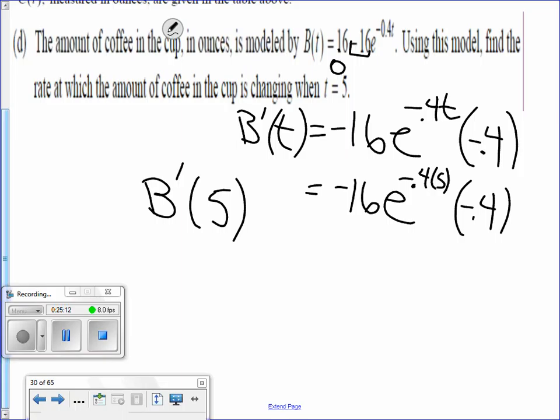So let's just move positive 6.4 e to the, okay, so negative 2, right? You know 4 times 5 is 20, but since it's 0.4, you move the decimal back one, so it's just 2, and it's negative.